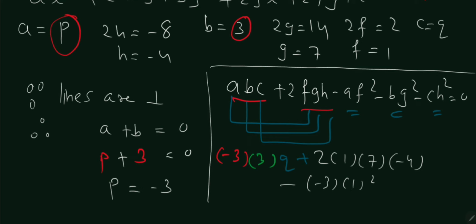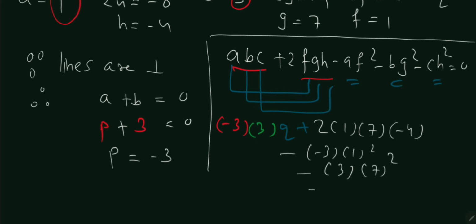Next thing is we have bg square, so minus value of b is nothing but 3, g is 7 square, minus ch square, minus c value is q, h is minus 4 square, everything equal to 0.